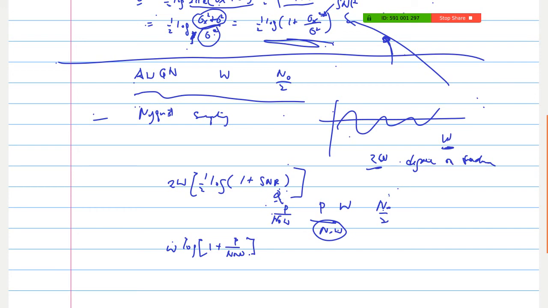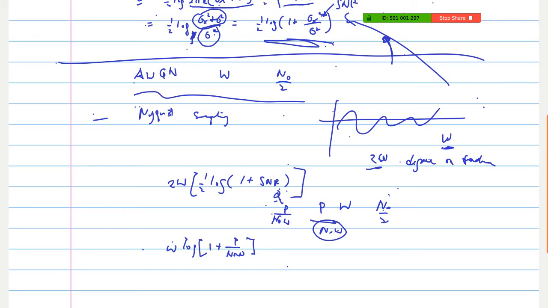So that's the equation that often appears in communication textbooks. They just give it out with no explanation of why they got it. That's basically the capacity of the AWGN channel. It's W because we have to bend to baseband.